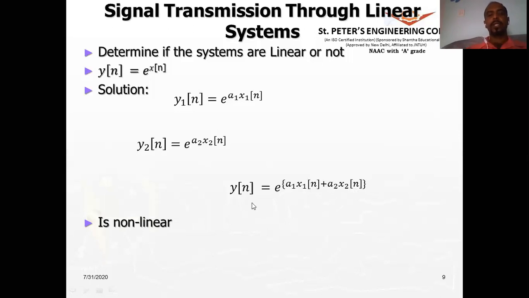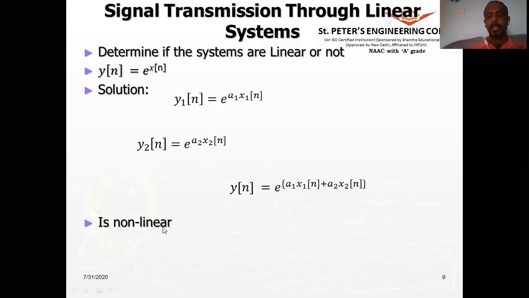So we see that the total response is not equal to the sum of individual responses, but it is equal to the product of the individual responses. A system is linear only when it satisfies the principle of superposition. It should satisfy the additivity property. Therefore it is not satisfying the additivity property.